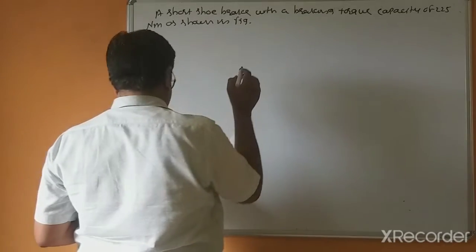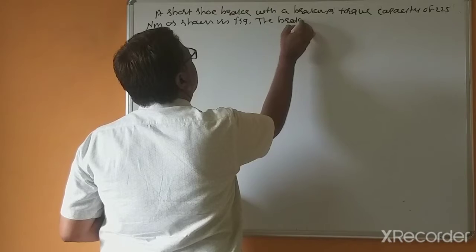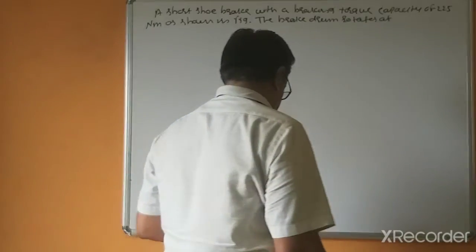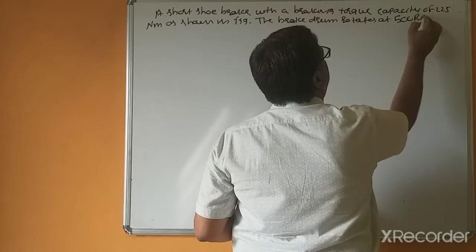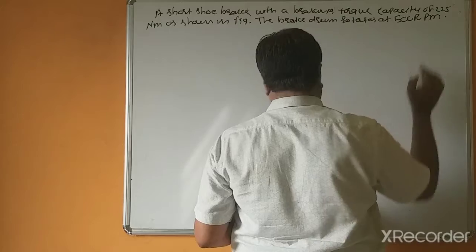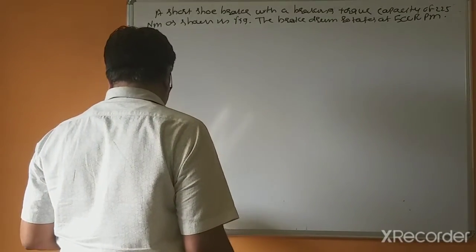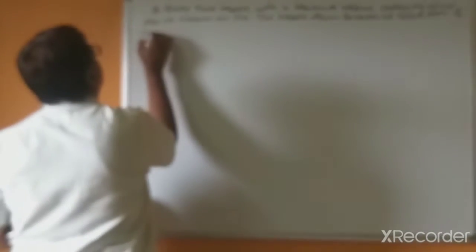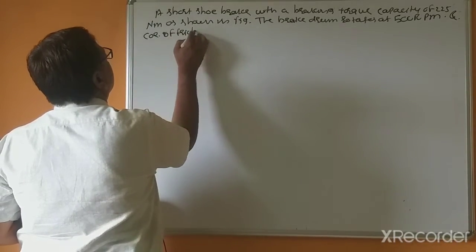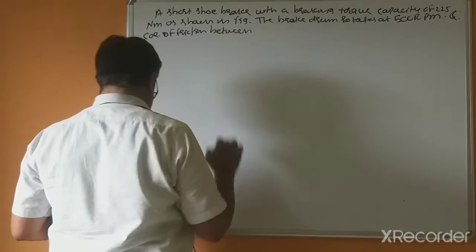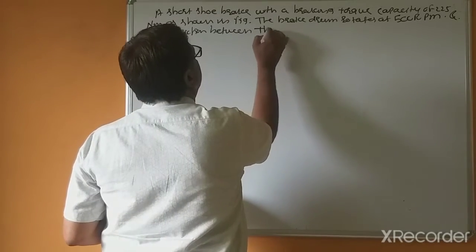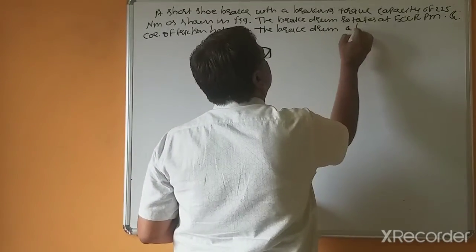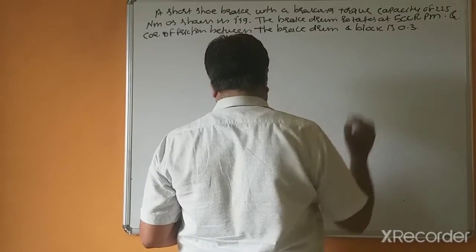The brake drum rotates at 500 rpm, and the coefficient of friction between the brake drum and the block is 0.3.